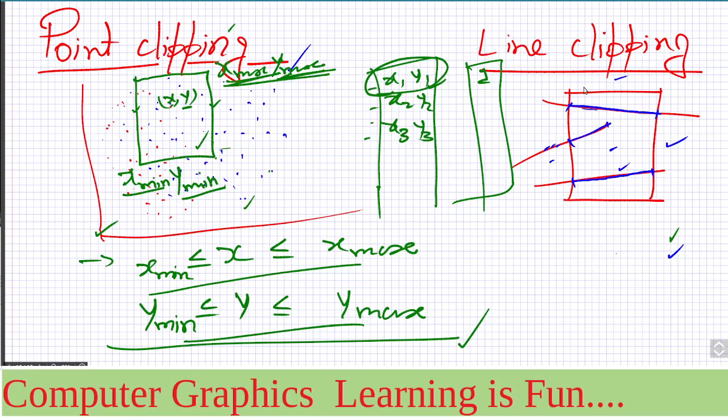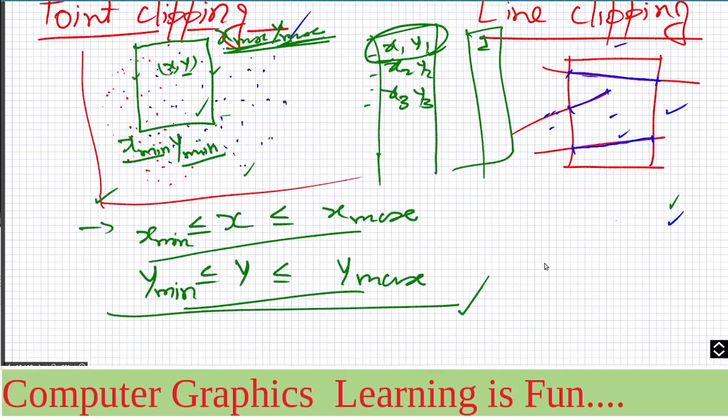However, if in a given image there are many points and they have a pattern, then it is better to use that pattern and make an algorithm which is efficient, where we need not compare each point with the condition. So let us come to the line clipping algorithm.